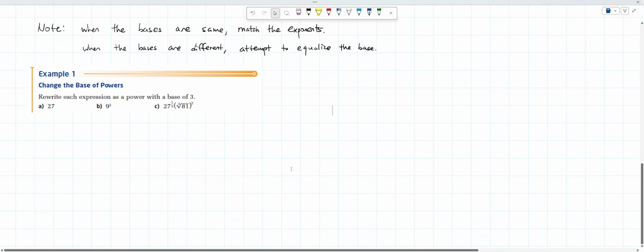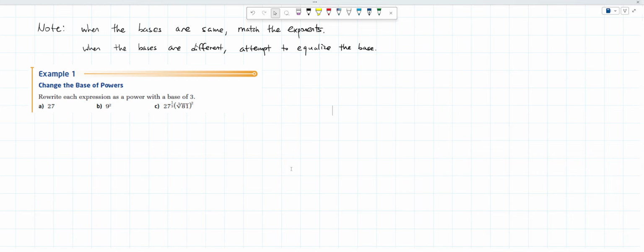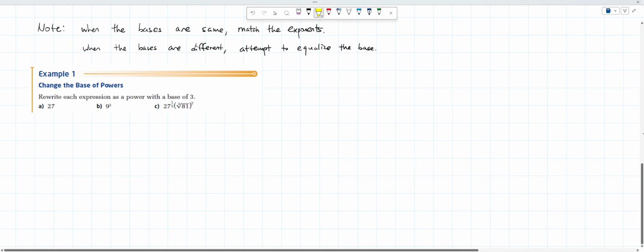Let's first practice how we can change the bases. For example, we have the number 27. The purpose is, can I somehow make this number into a power of 3? So we want to change the base to be 3.